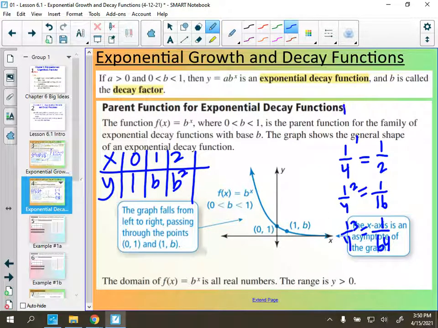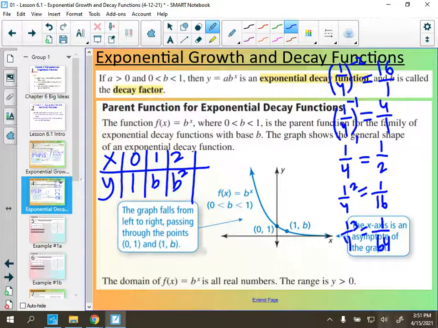What happens if I go the other direction? 1/4 to the negative first power. That, remember, is going to flip it. That's going to bring the 4 upstairs. So now we're going the other way. We're getting bigger as I move to the left. If I plug in a -2, that's not only going to bring the 4 upstairs, it's also going to square it. So 16 over 1.